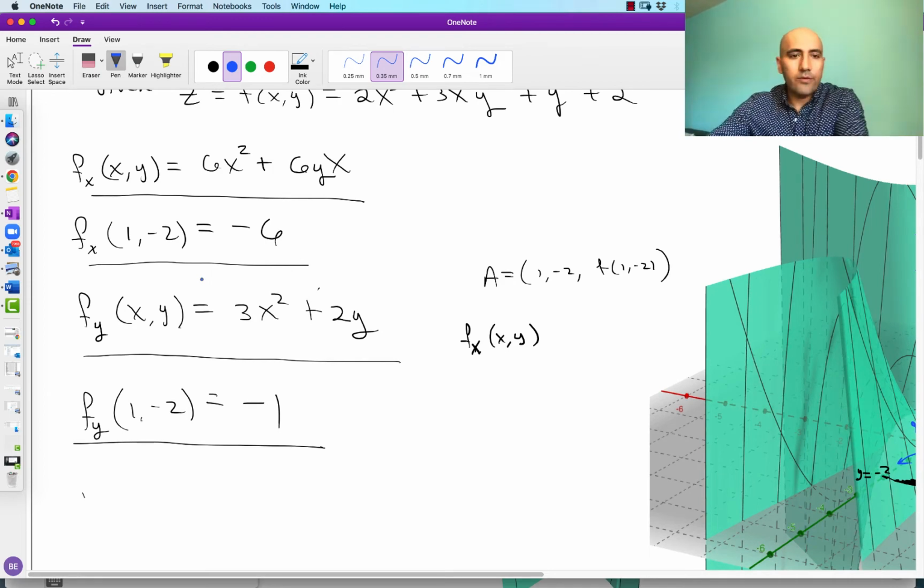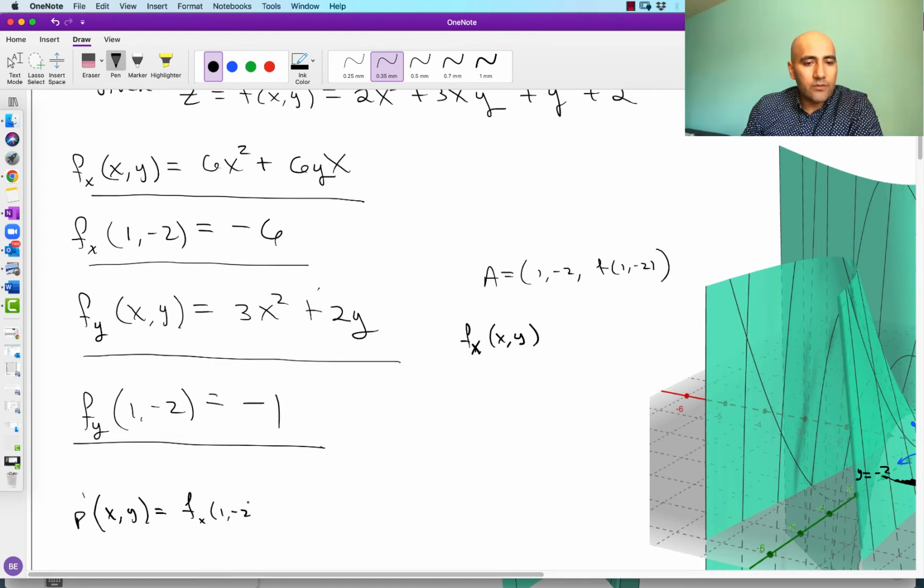So we want to take this plane, let's call it P, plane with respect to x comma y is going to be equal to f sub x evaluated at (1, -2) times (x minus 1), plus f sub y evaluated at (1, -2) times (y minus -2), plus f of (1, -2).